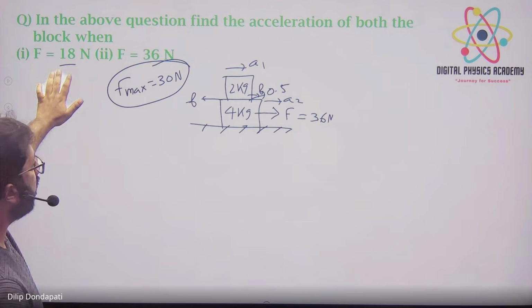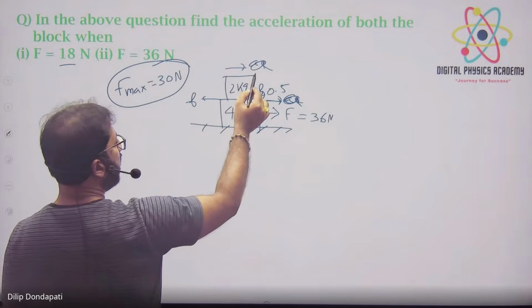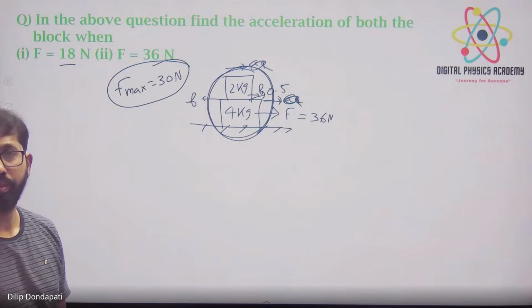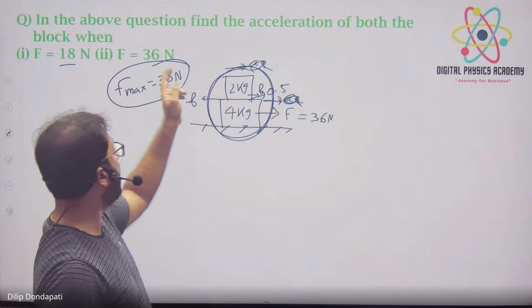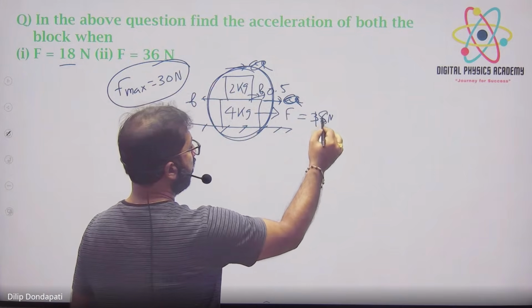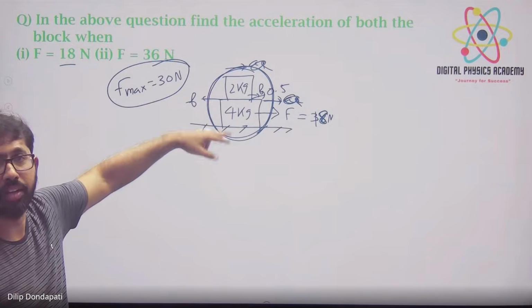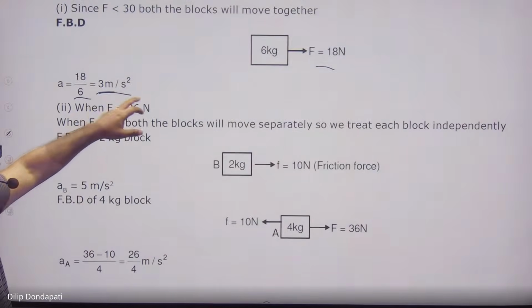So when F equals 18, both blocks will move with the same acceleration, right? You can treat this as one system. In one system, the net external force acting is 18, right? External force by net mass, where net mass is the total. So the answer is 3 meters per second square.